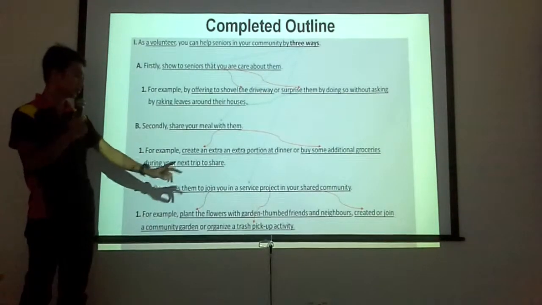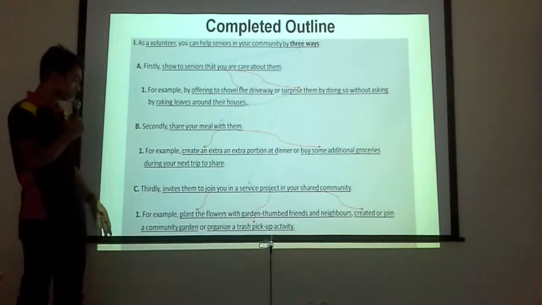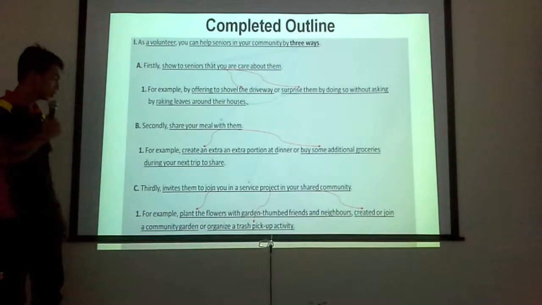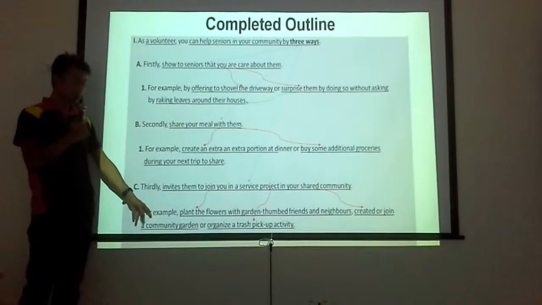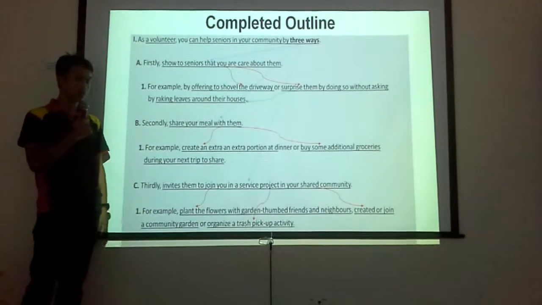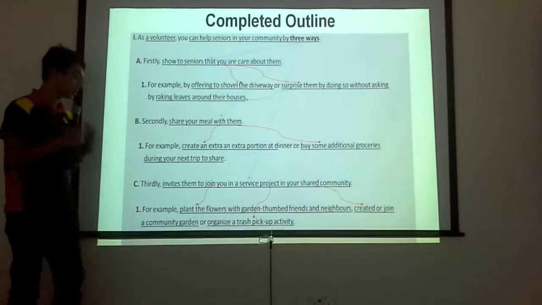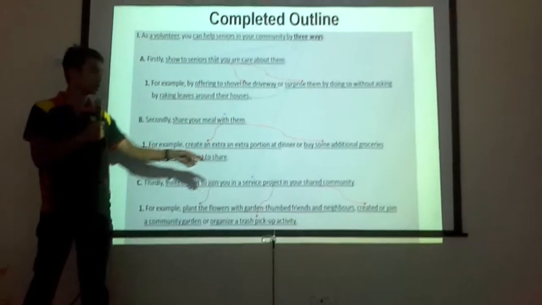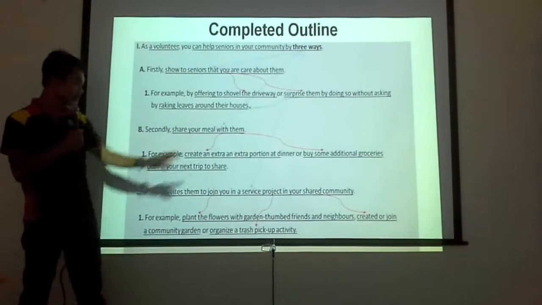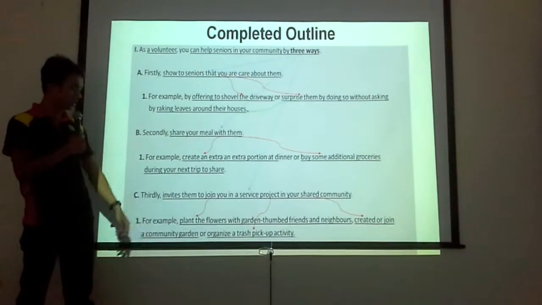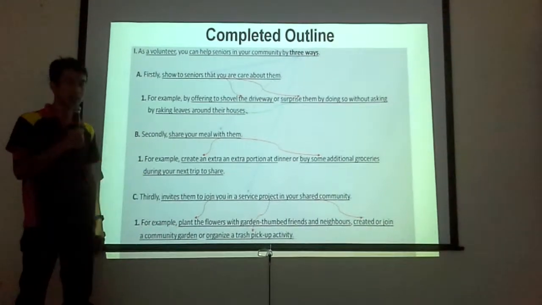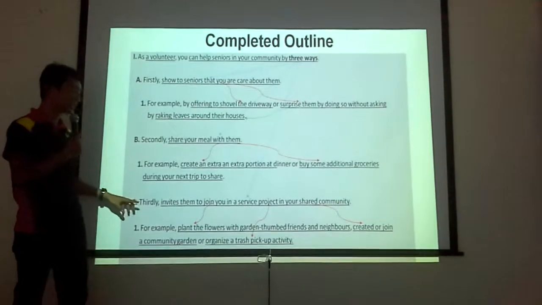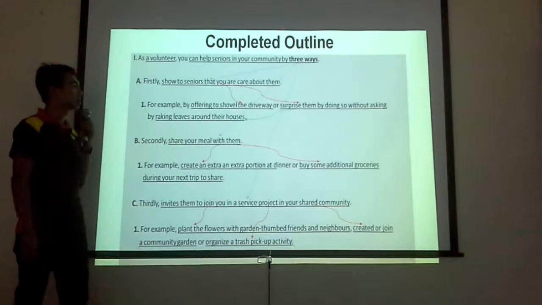I write the sub-supporting points all together because I don't have enough space to show you. So the third supporting point can have three sub-supporting points: plant flowers with friends and neighbors, create or join a community garden, or organize a trash pickup activity. Okay.